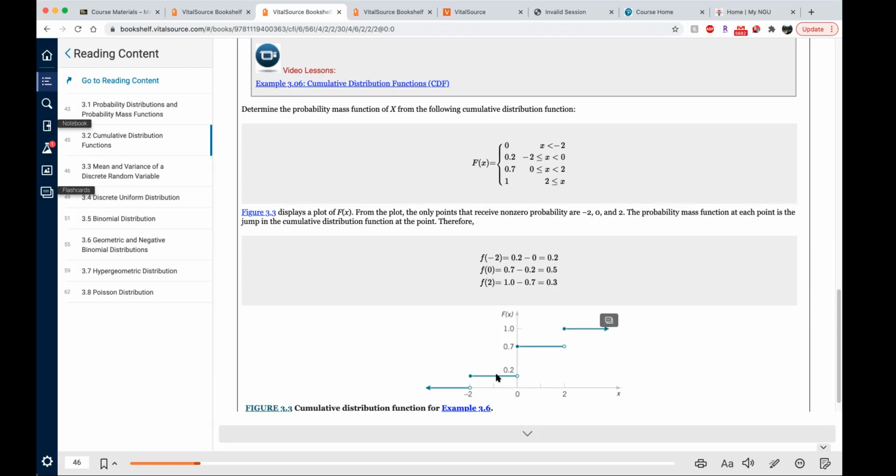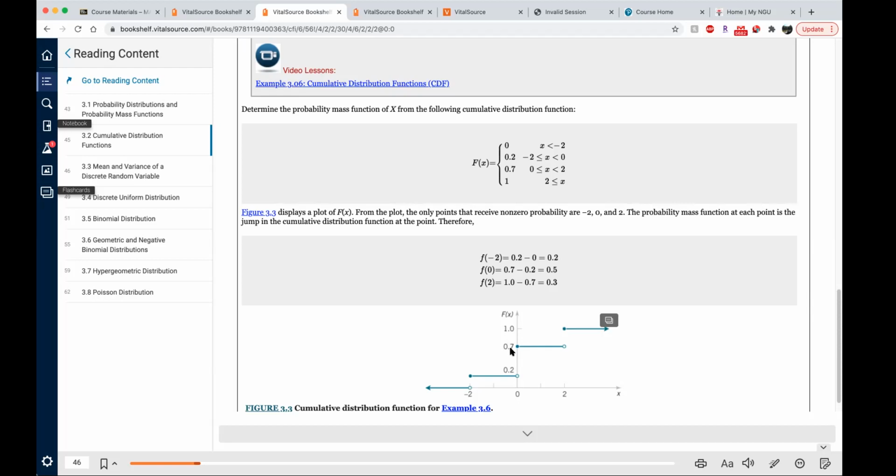Even though the PMF at any value between -2 and 0 is 0, the CDF at -2 equals 0.2, so the CDF is still 0.2. It's cumulative. Keep this in mind. And the CDF at 0 is 0.7, because 0.5 plus 0.2 equals 0.7.